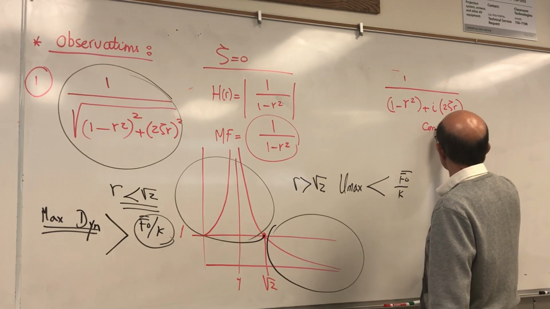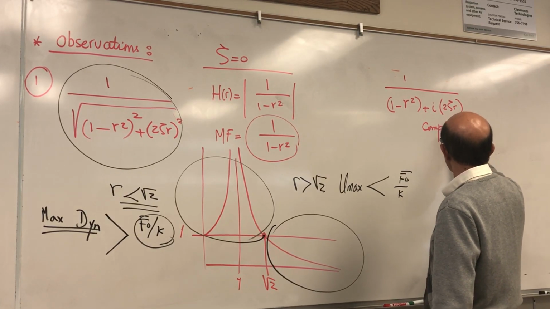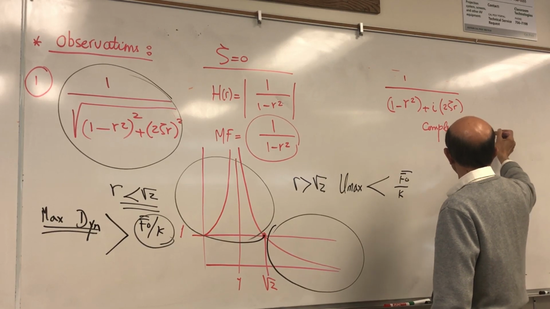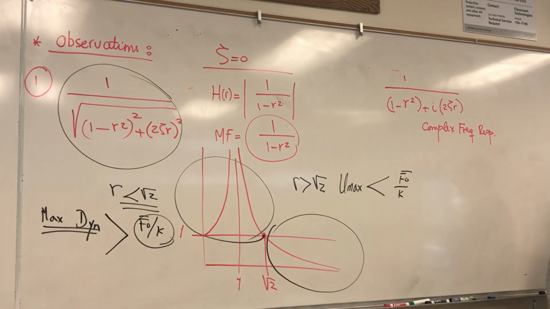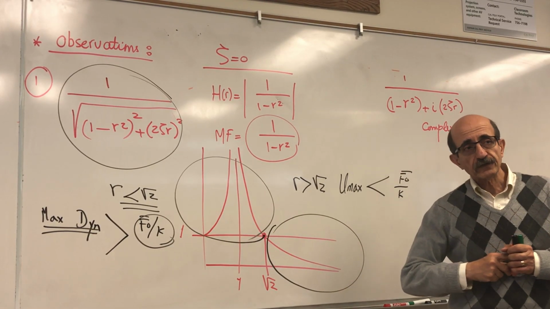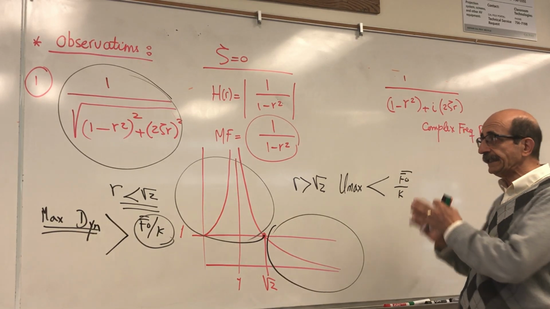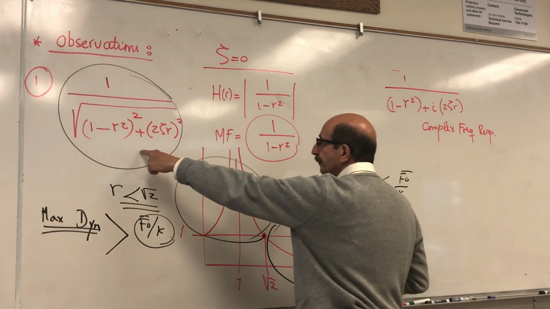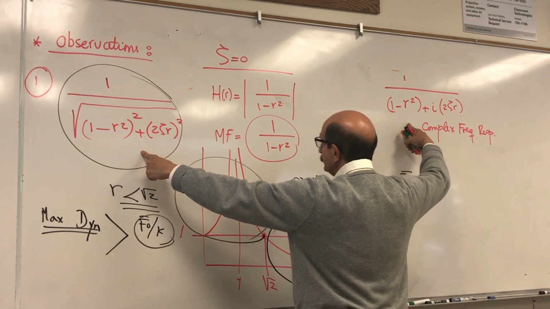This we call the complex frequency response. This complex function has both the amplitude as well as the phase angle information in it. And what you see here is the magnitude of this function.